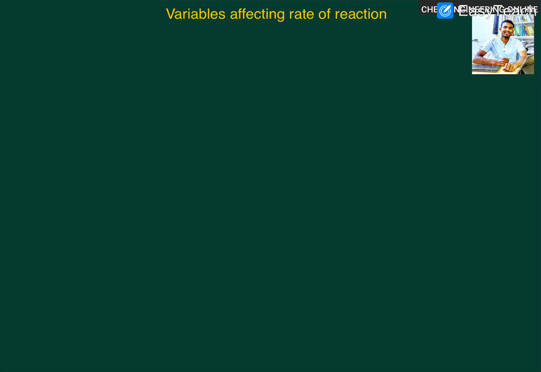So as we already discussed homogeneous and heterogeneous reaction, we should also know what are the variables that affect the rate of reaction. So in general, if we say rate of reaction is a function of concentration, temperature and pressure, but this is true in only homogeneous condition.